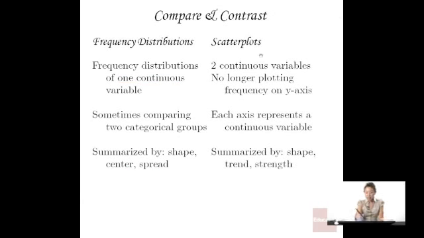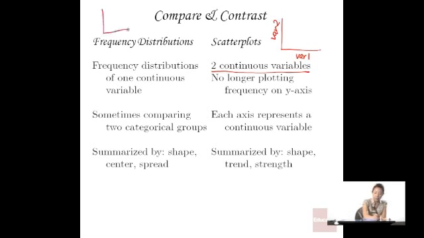So here's how scatterplots are different. Now instead of having one continuous variable, we have two continuous variables. That's the big key difference. And because of that, one axis is going to have variable 1. And instead of putting frequency here, we're going to put variable 2 here.